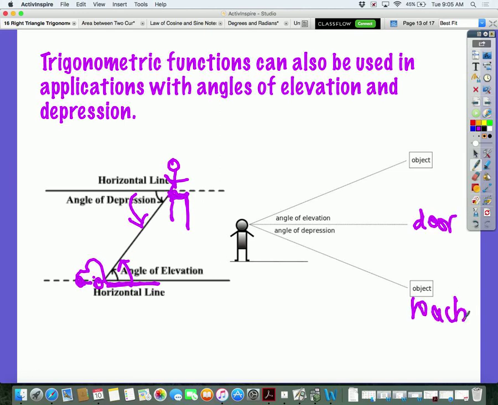That angle of depression comes from that horizontal line of me looking straight at the door. Or I can be looking at the door and notice there's a water leak at the top of the ceiling. I'm going up, angle of elevation.